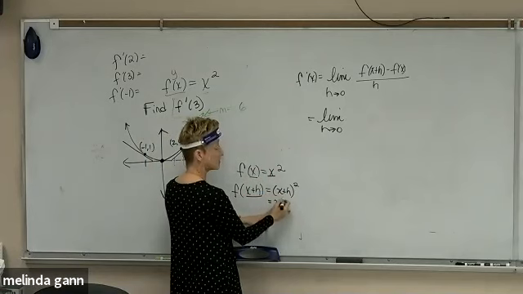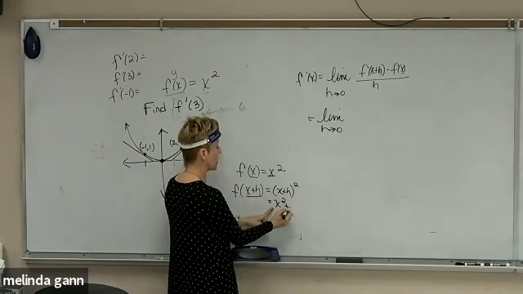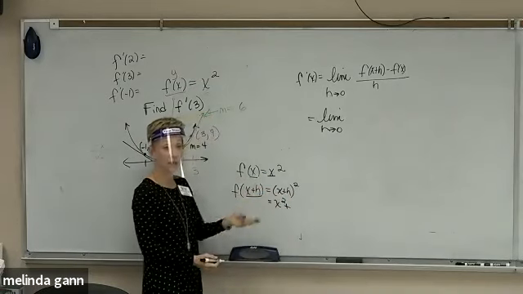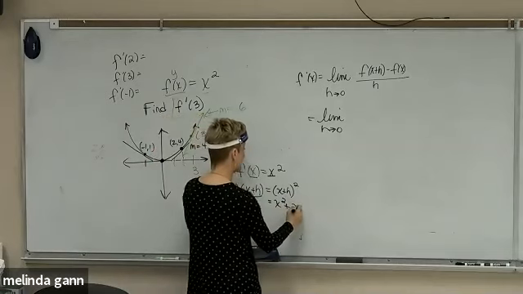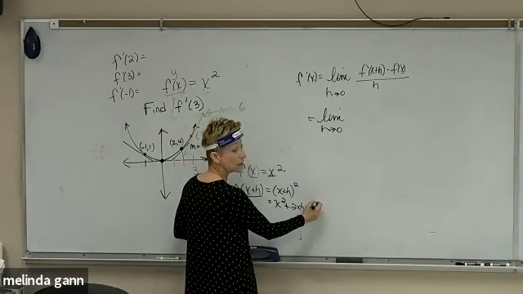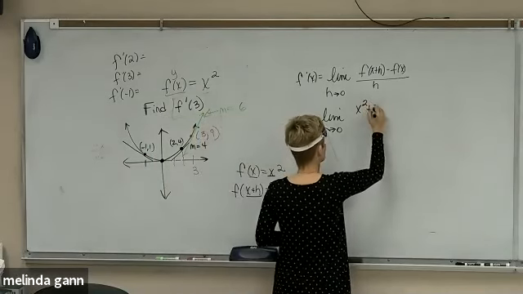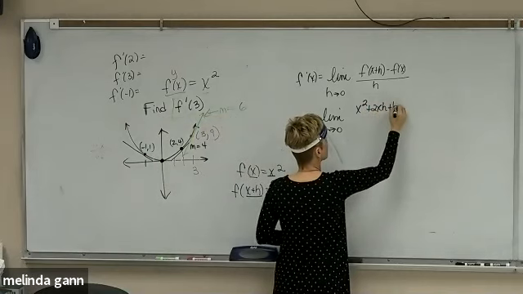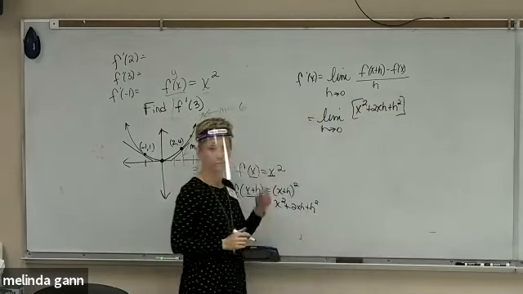X squared, right? How do you get the middle term? I'm going to say this one times this one and then double it. So what's my middle term going to be? 2xh and then plus h squared. That's f of x plus h.